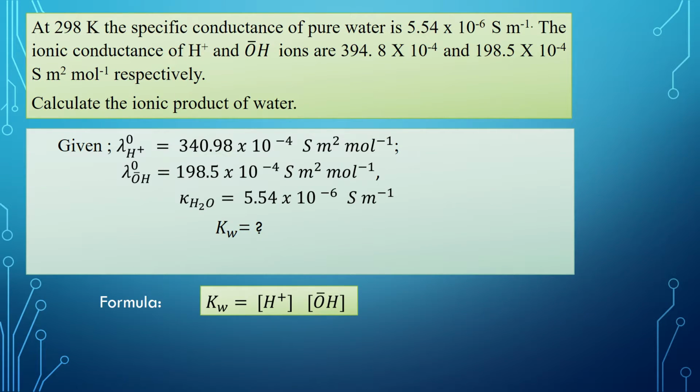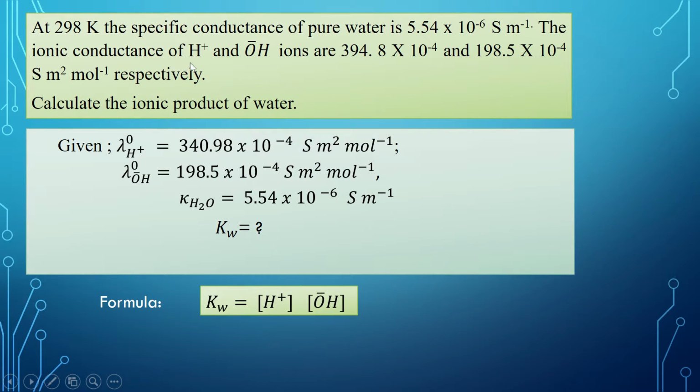How do you do that? From the conductance values of the ions, it is possible to calculate the ionic product of water, that we shall see now. At 298 Kelvin, the specific conductance of pure water is 5.54 into 10 to the power of minus 6 Siemens per meter.